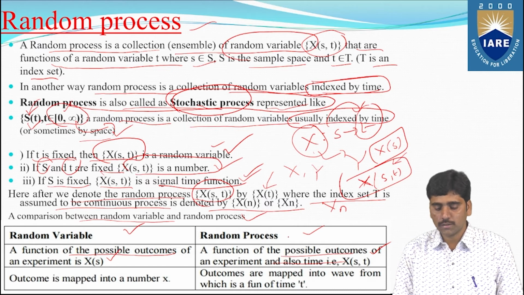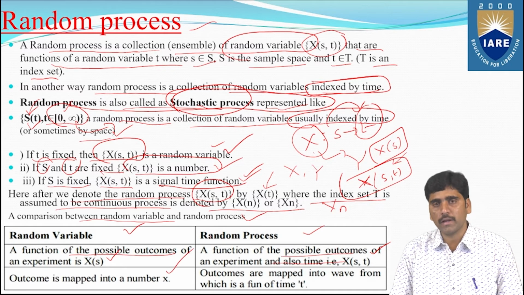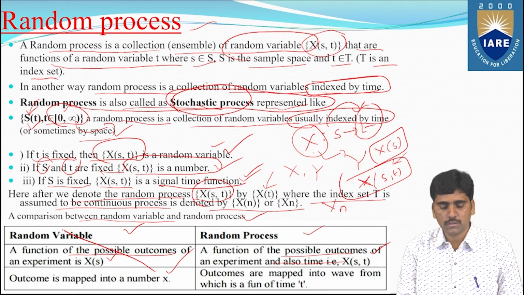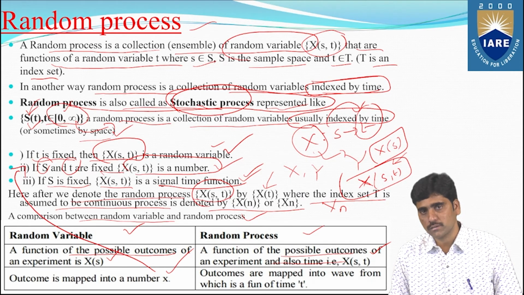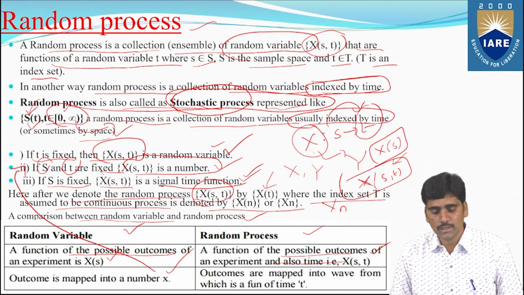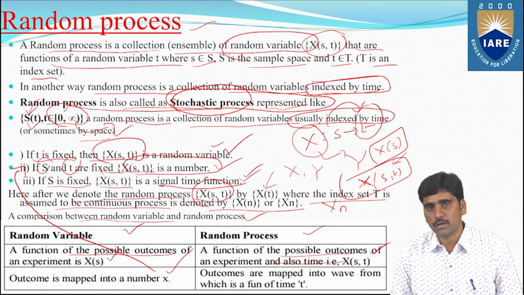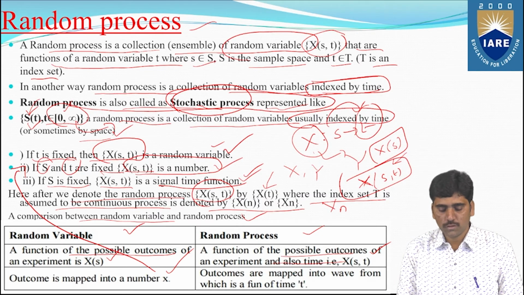So that is nothing but a random process. And the outcome is mapped into a number x. This is what we mentioned here, second point. So if s and t are fixed, sample space and index set are fixed, then x of s comma t is a number. So that is what we mentioned here.